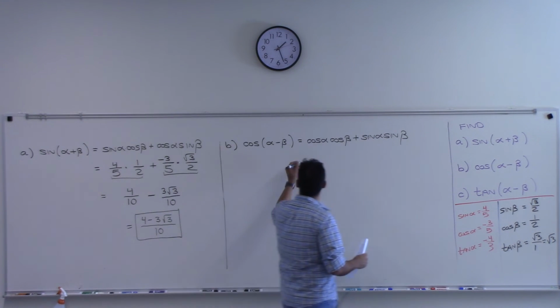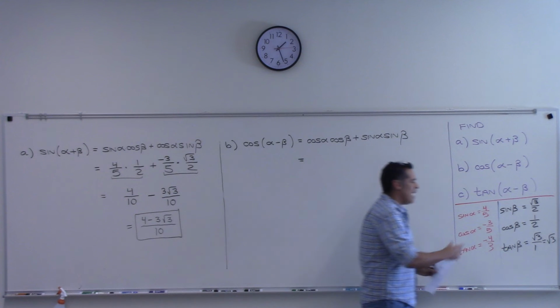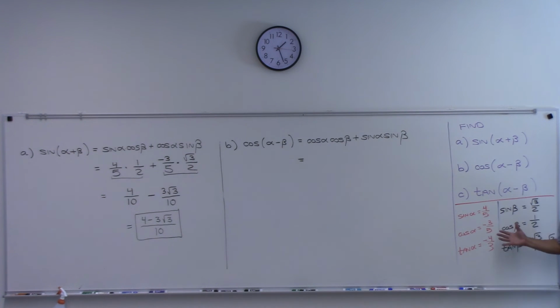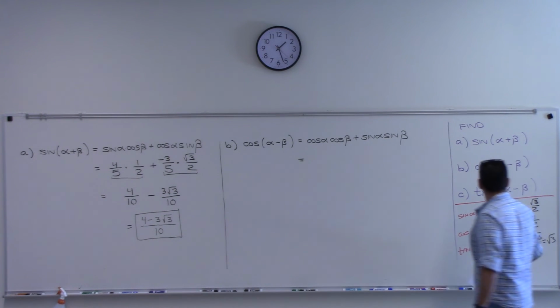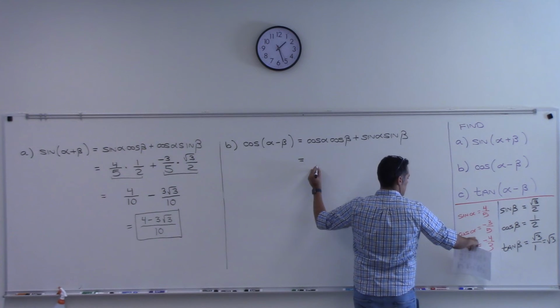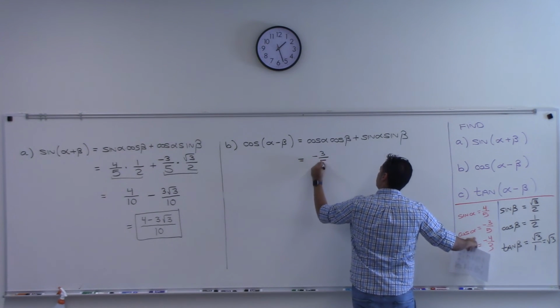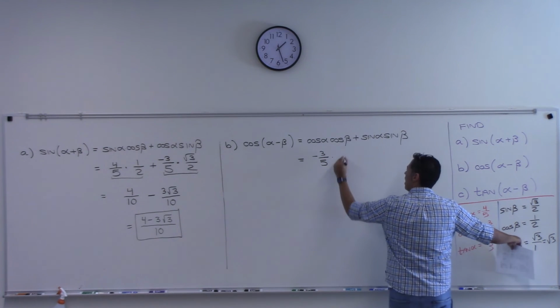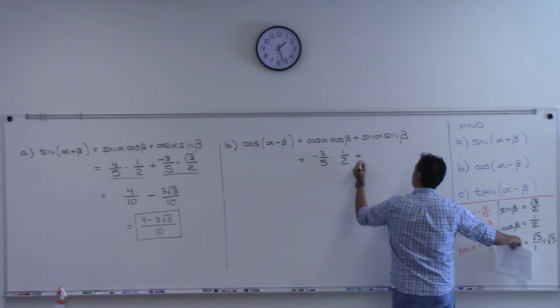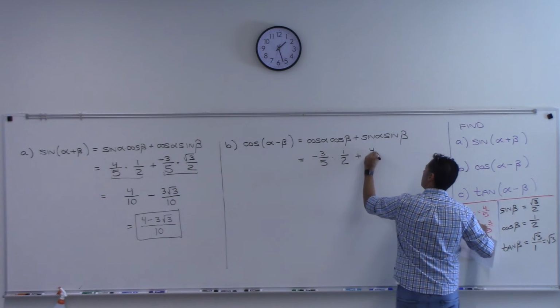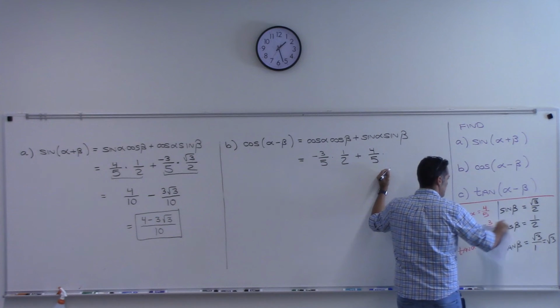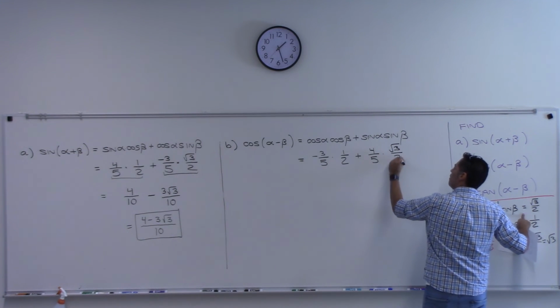So now we just fill in, right? Once you have this, we're at the plug and chug stage. We're just plugging these answers into our formula. So cosine alpha is -3/5 times cosine beta, which is 1/2, plus sine alpha, which is 4/5, times sine beta, which is √3/2.